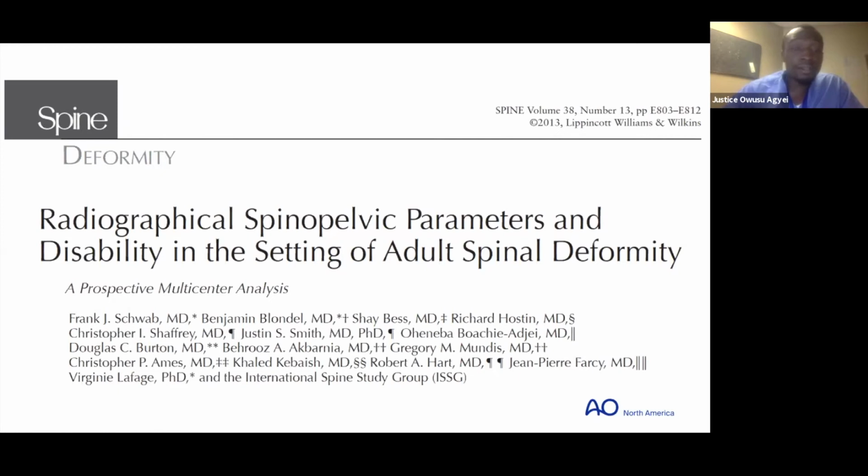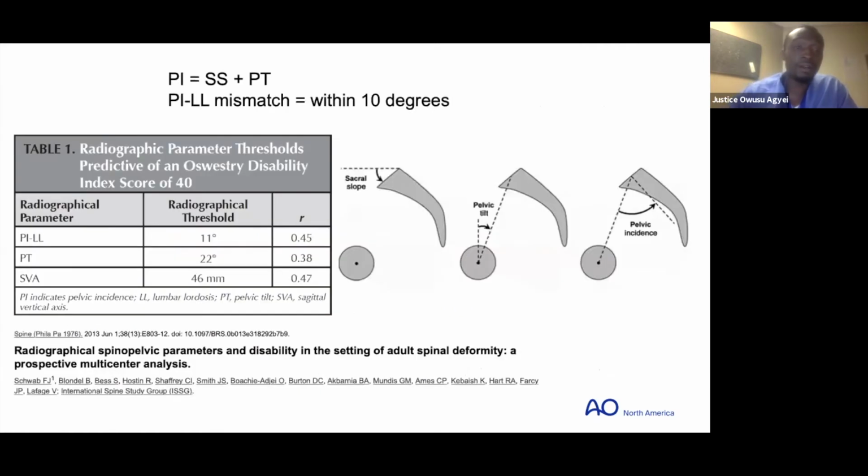Schwab and his colleagues did a radiographic analysis of spinopelvic parameters in the setting of adult spinal deformity. And what they found was a few parameters to help patients in terms of their overall health outcomes.